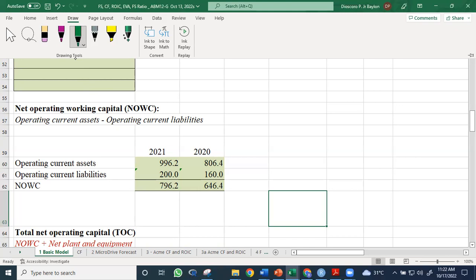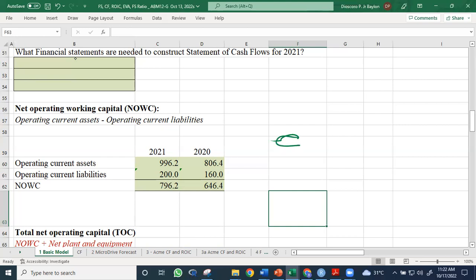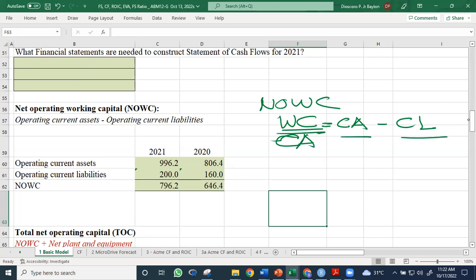We have current assets and current liabilities. Working capital is equal to current assets minus current liabilities. That's just to distinguish it from net operating working capital.